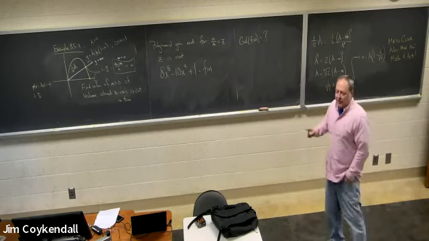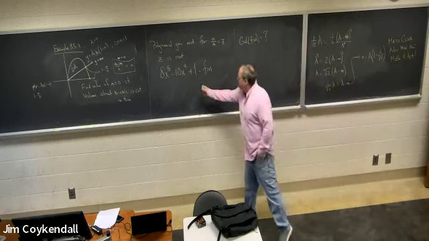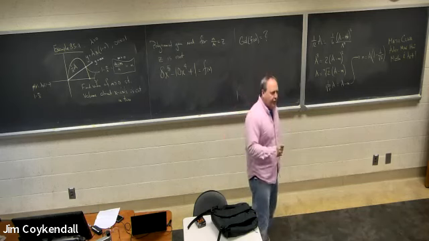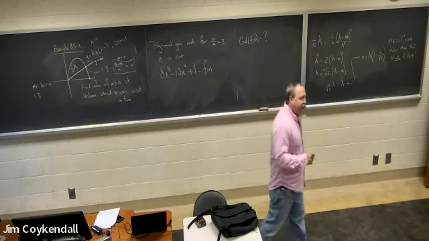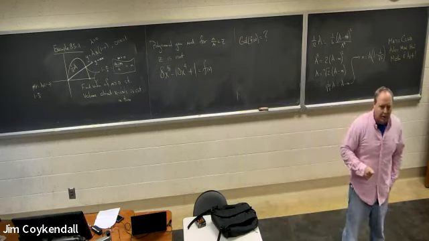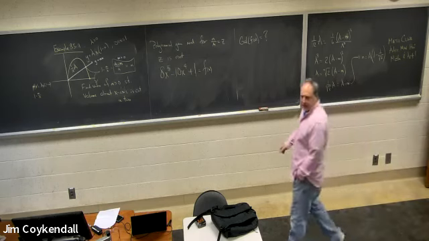Now, let me ask you this. Right out of the gate, given that this is irreducible, what are the choices for my Galois group? It has to be a transitive subgroup of S5, correct?